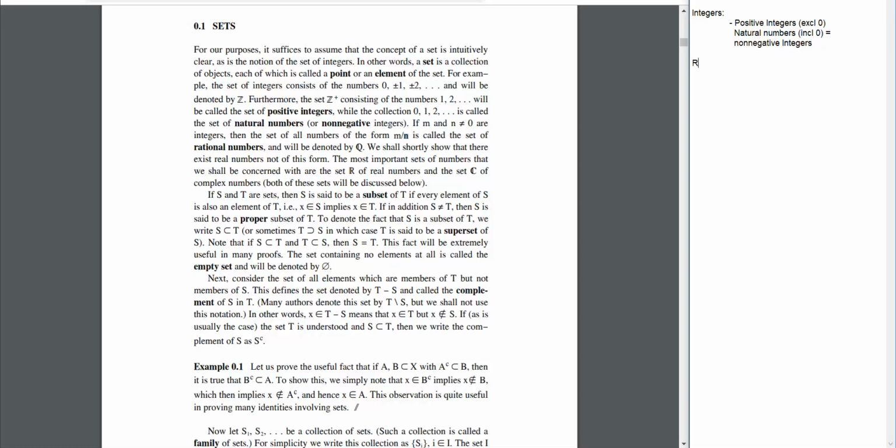So we have rational numbers, a different category.